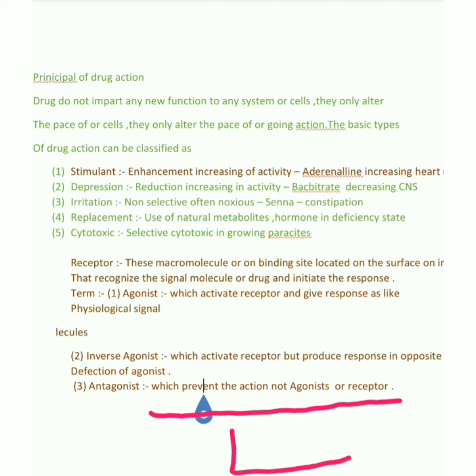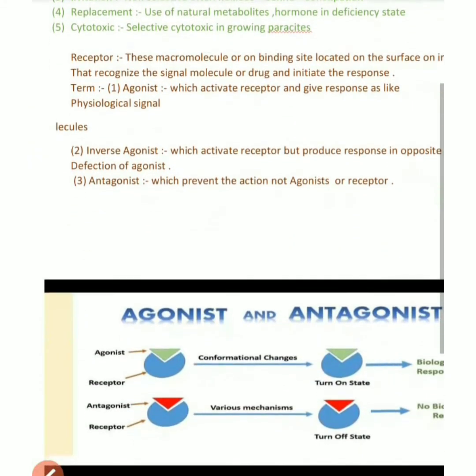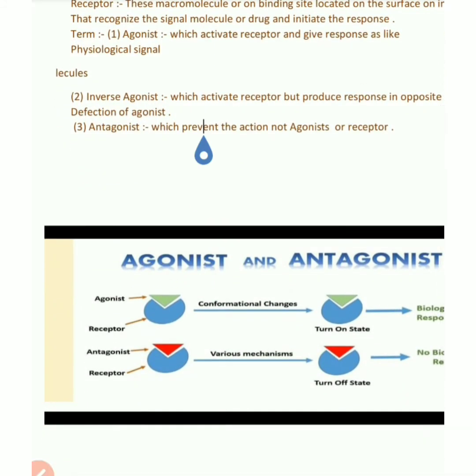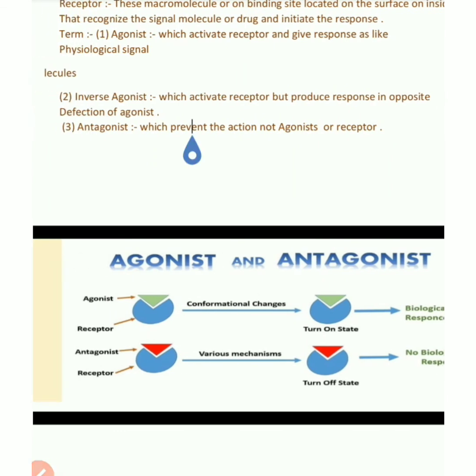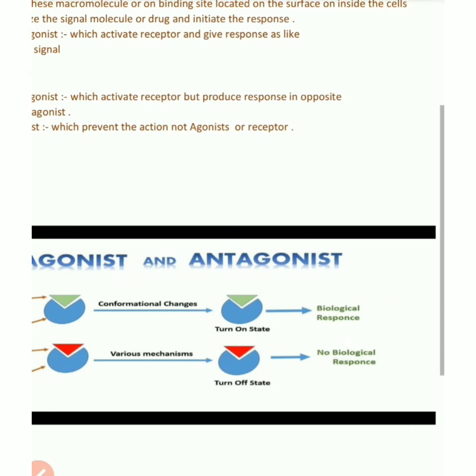Now let's look at a diagram. In the agonist diagram, you will see agonist and receptor conformational change, the turn on state, meaning biological response. In the antagonist, the receptor mechanisms are in the turn off state, no biological response.